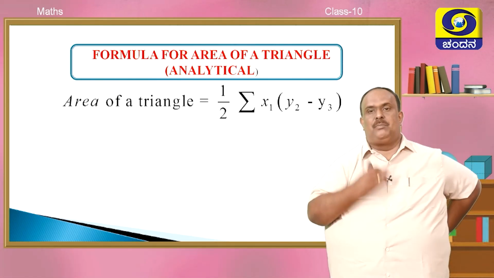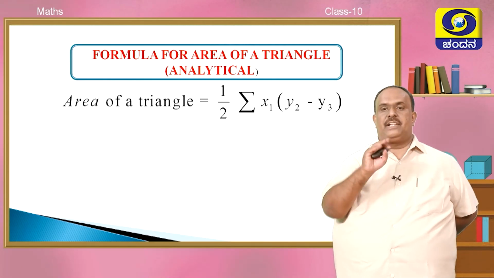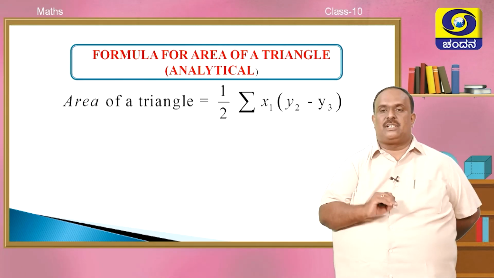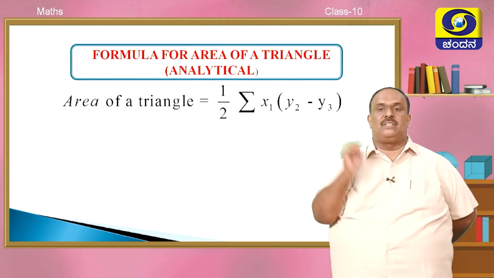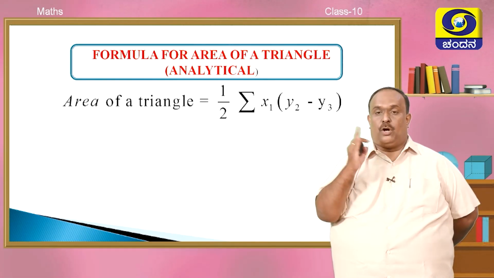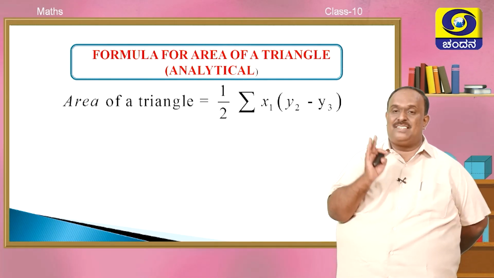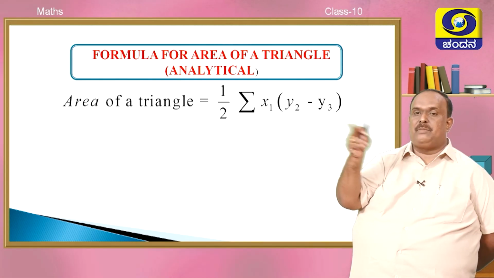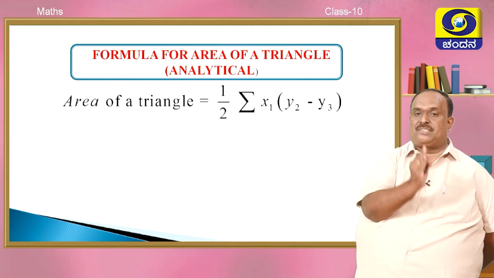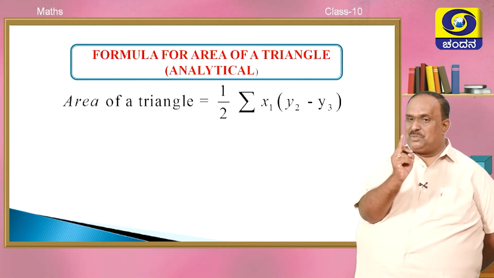Half sigma, you write x. Don't write 1, 2, 3 there. You write x. In the brackets, you write y minus y. See how to remember this? I am telling you very easily. Half sigma x inside the bracket y minus y. Now from x, observe it, write 1, 2, 3.